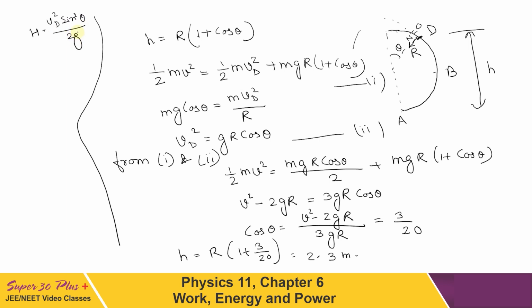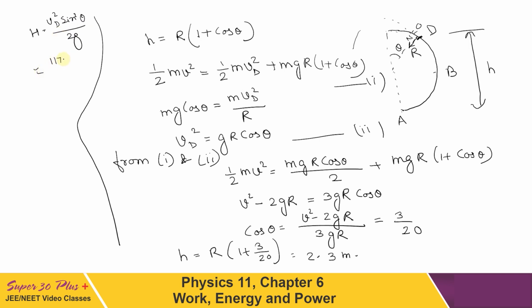You can recall this equation, it is from projectile motion, the formula we used for maximum height. Now it is starting its motion with initial speed Vd, so in place of V naught I have written Vd.